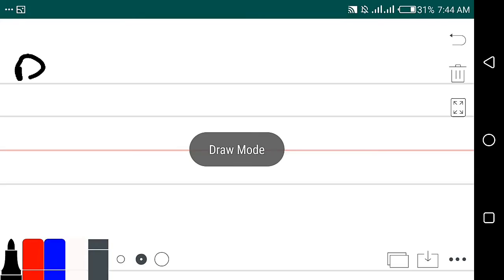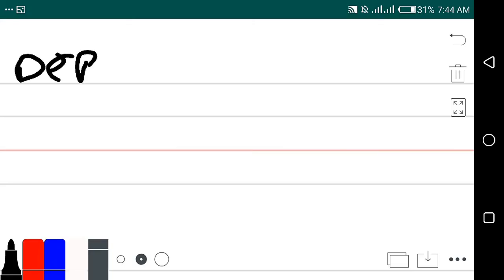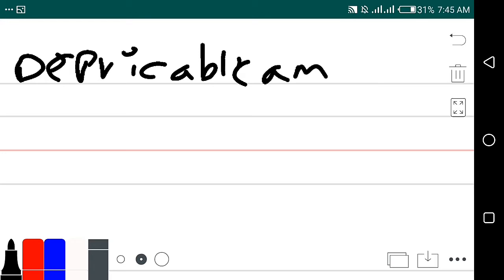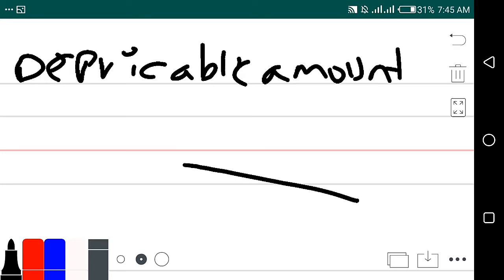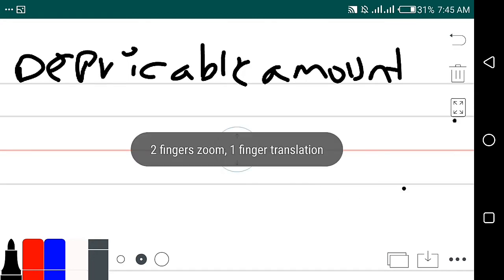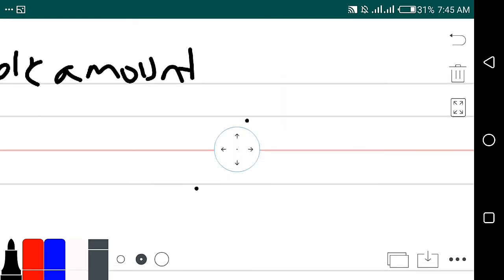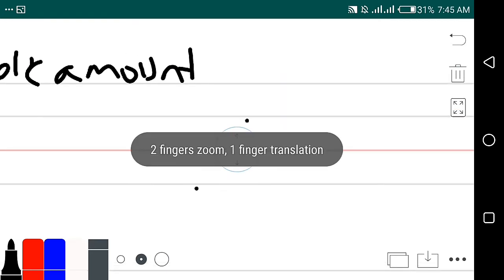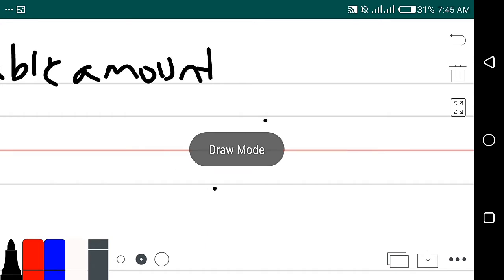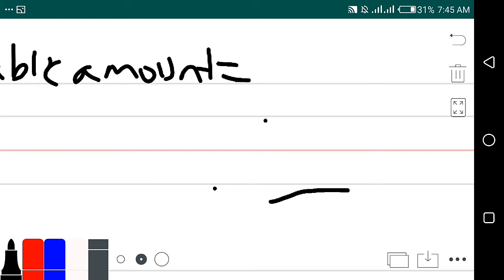For the depreciable amount, we have seen the formula, therefore it is calculated using cost minus residual value.